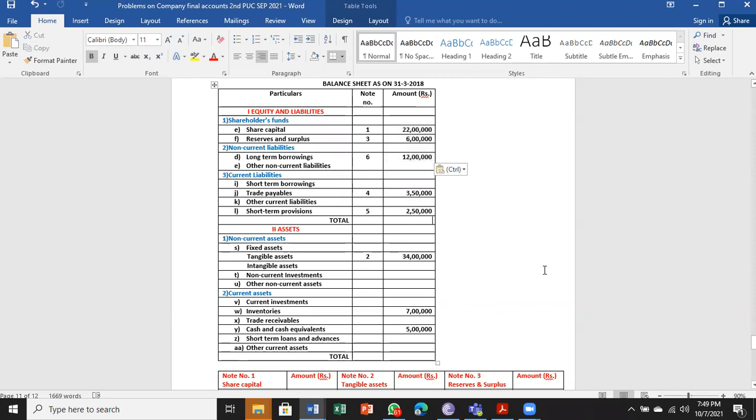It comes to 46 lakhs. Similarly, assets, 3 amounts are there. 34 lakhs, 7 lakhs, and 5 lakhs. That also comes to 46 lakhs.